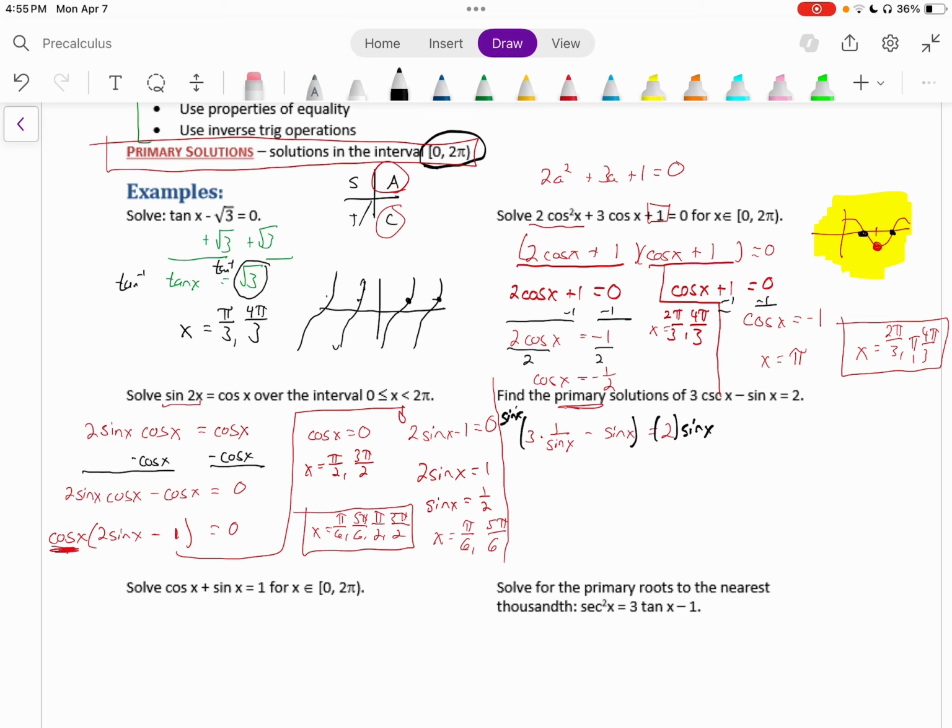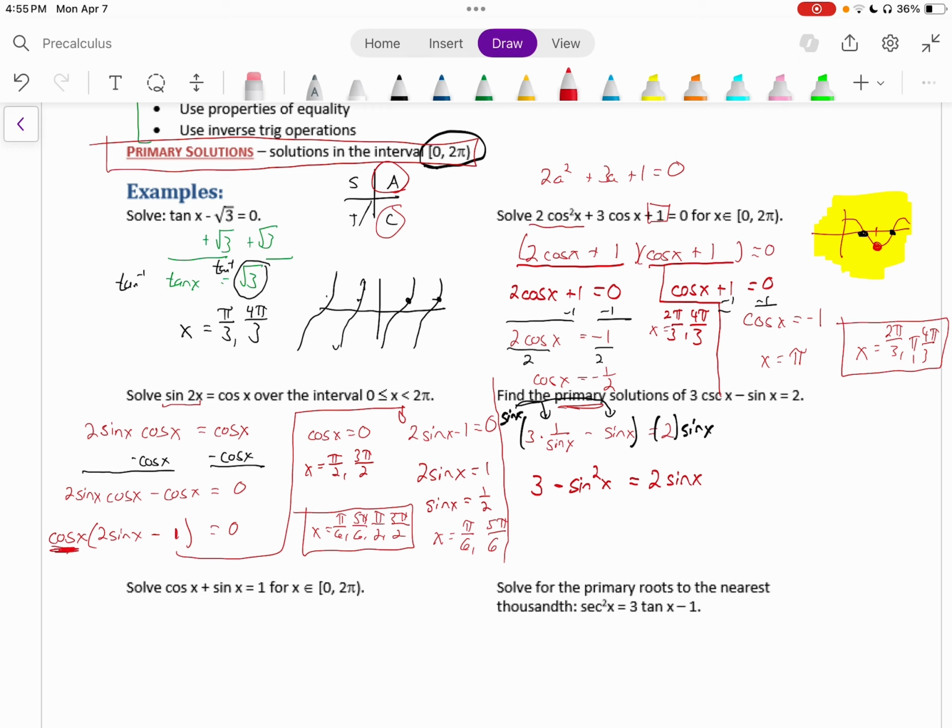On the left side, that gets distributed in. So when it gets multiplied by the first term there, it's just 3, because the sine x cancels. When it gets multiplied by the second term, it is sine squared, equals 2 sine of x. And now we notice this is in quadratic form. So to solve quadratic form, we want to get everything on one side.